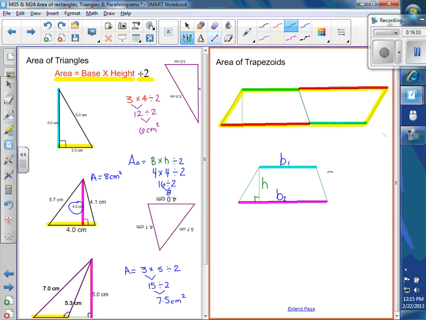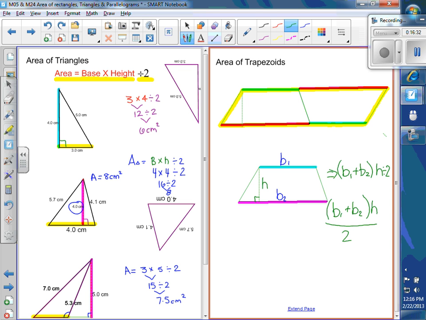The area of the trapezoid is base 1 plus base 2 times the height divided by 2. Sometimes you'll see it written like this: base 1 plus base 2 times the height and a fraction part, which also means divide by 2.